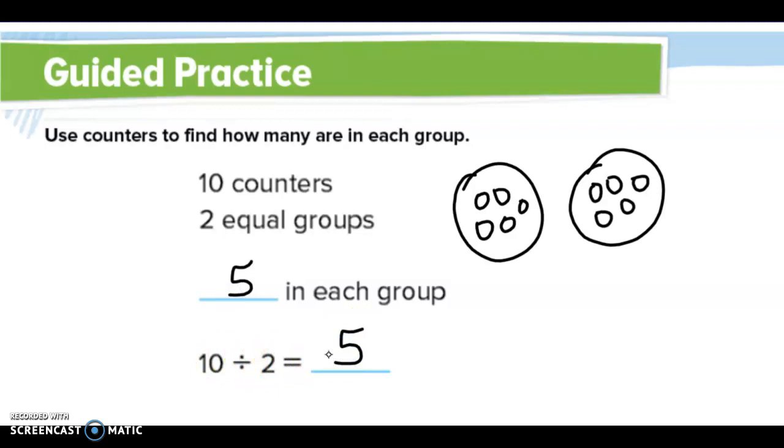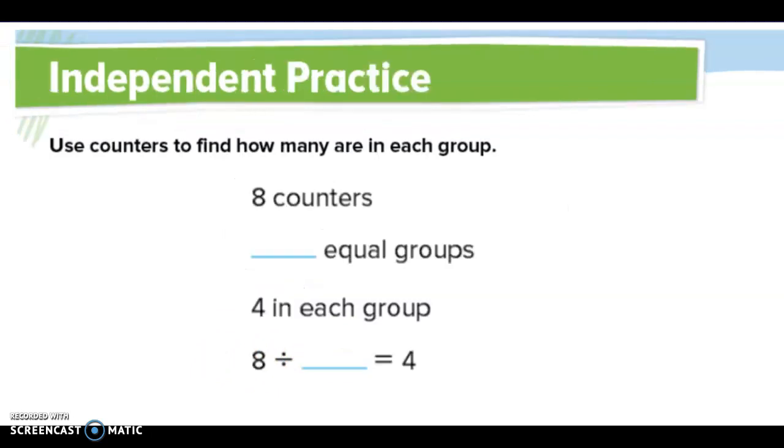So you're going to answer some questions like that, and then they're going to switch it up on you a little bit. This time it's telling you 8 counters. It's not telling you how many groups. This time it's telling you to put 4 in each group. They're missing a number. So we have 1, 2, 3, 4. That's a group, they're telling us. They want to know how many groups can we make to get to 8 counters.